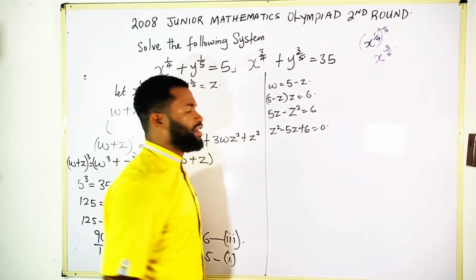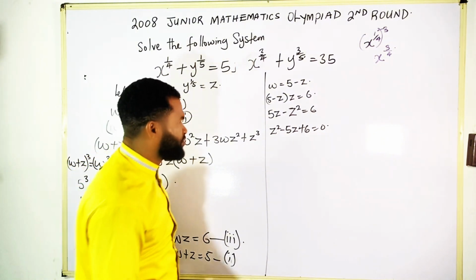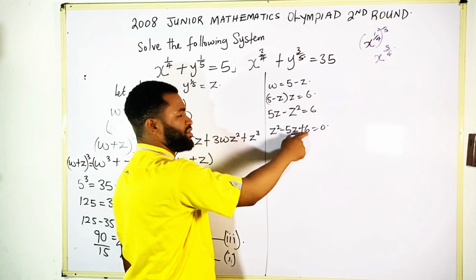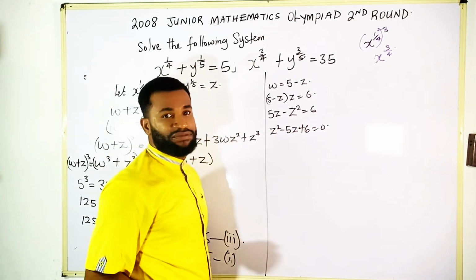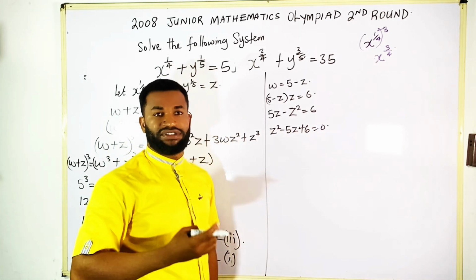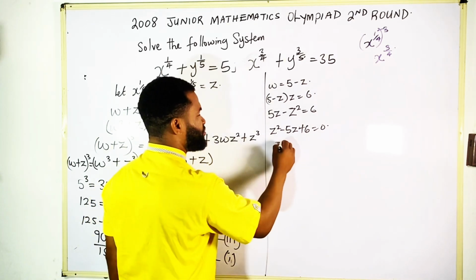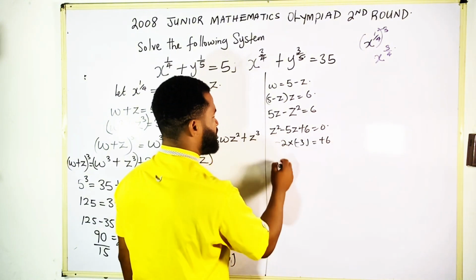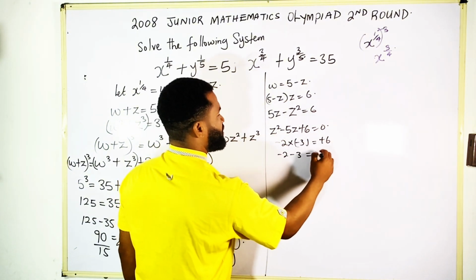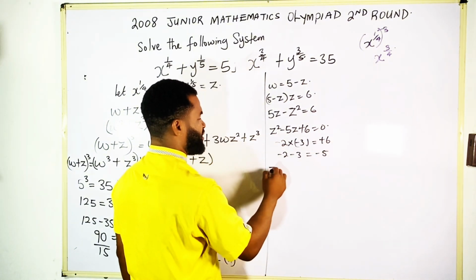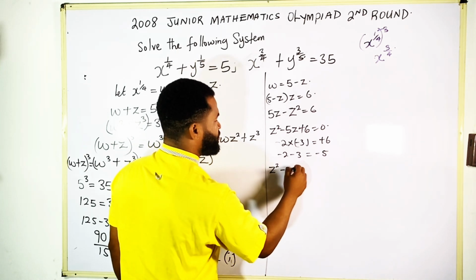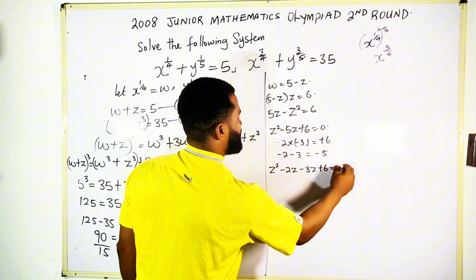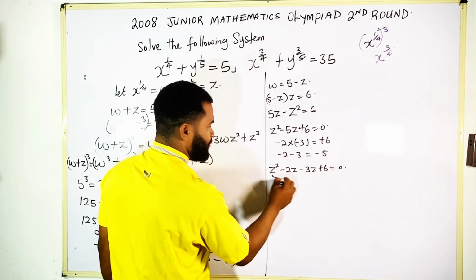If I solve the quadratic equation here, what are the factors of 6 that will give you negative 5? That should be minus 2 and minus 3. So minus 2 times minus 3 is going to give me plus 6, and minus 2 minus 3 is going to give me minus 5. So I'll have z squared minus 2z minus 3z plus 6 equal to 0, and I'll factor these two.